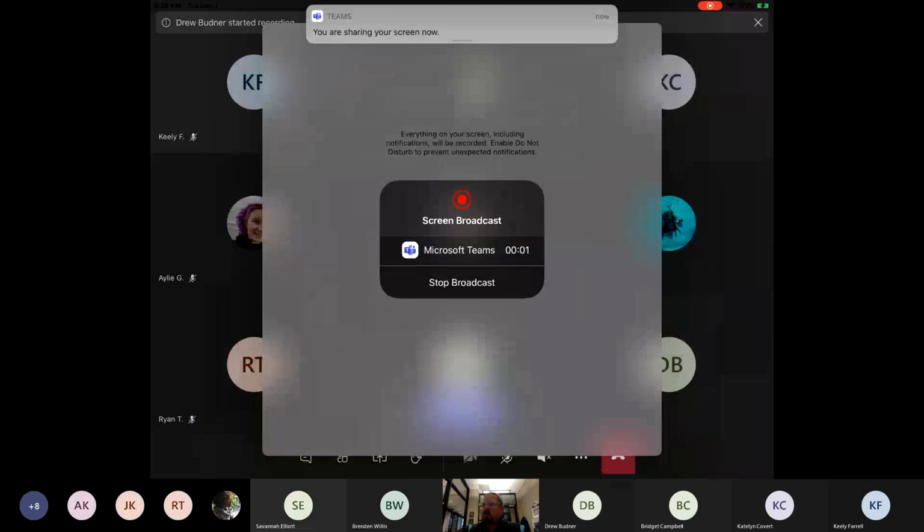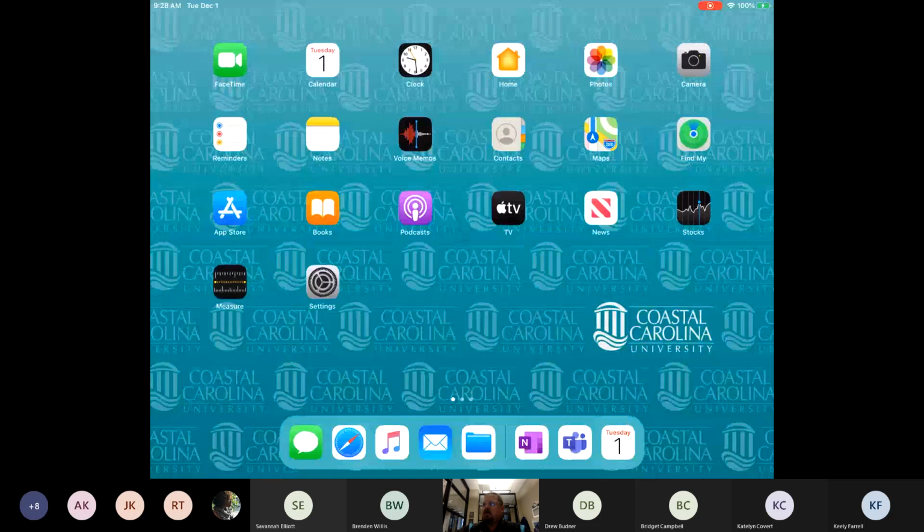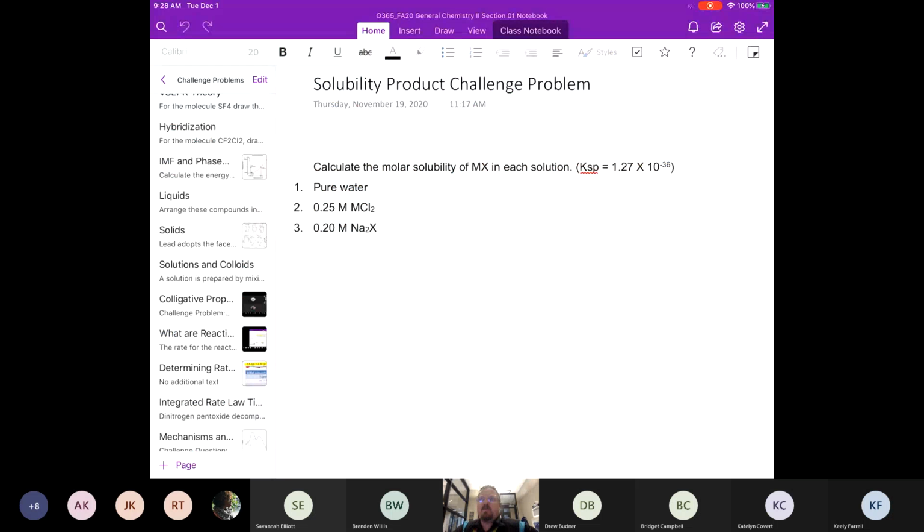All right, so let's look at the challenge problem when we talk about solubility products. So the solubility, again, is just an equilibrium, but it's an equilibrium where those things are slightly soluble.